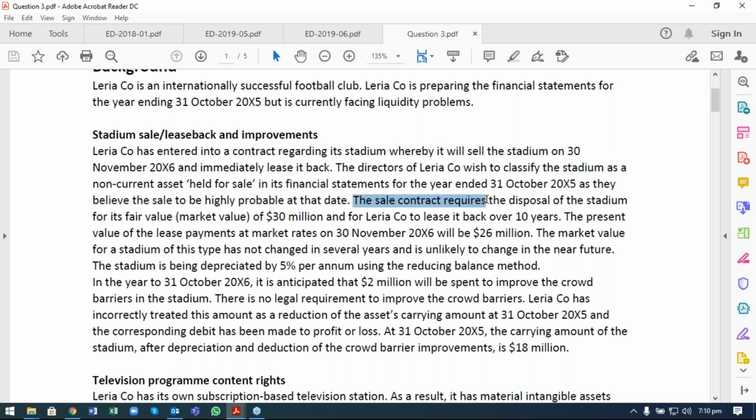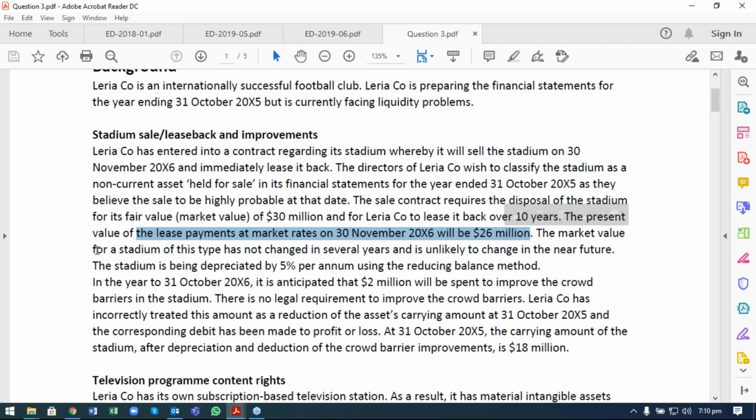The sale contract requires the disposal of the stadium for its fair value or market value of 30 million, for Leria company to lease it back over the next 10 years. The present value of the lease payments at market rates on 30th November 2006 will be 26 million. So this is the present value of future lease payments, which is 26 million.